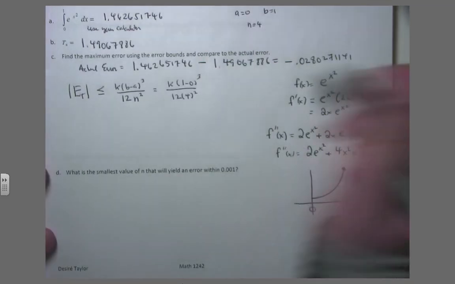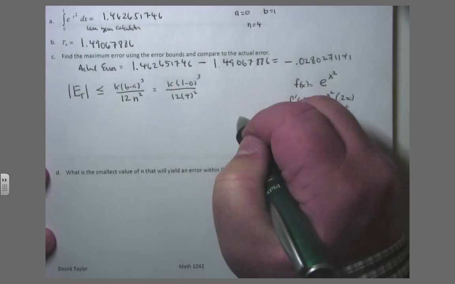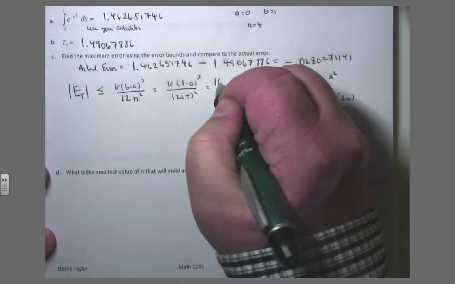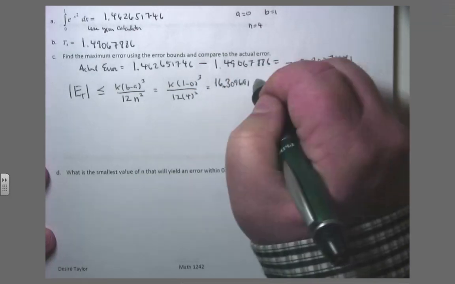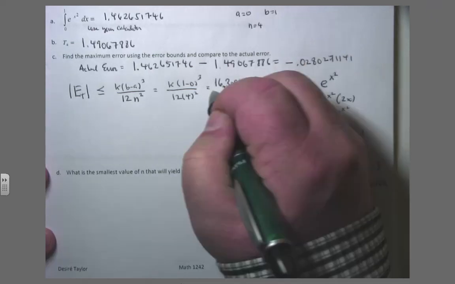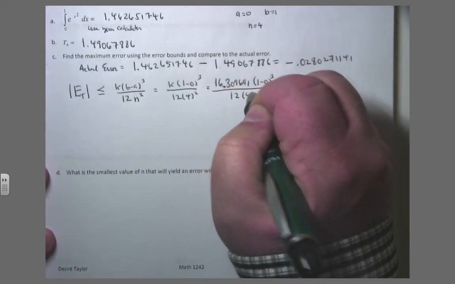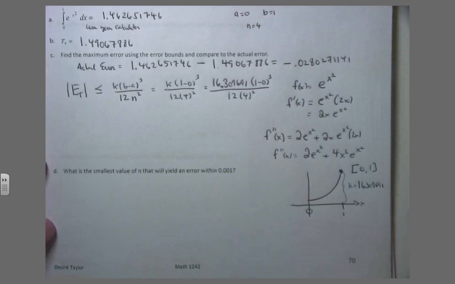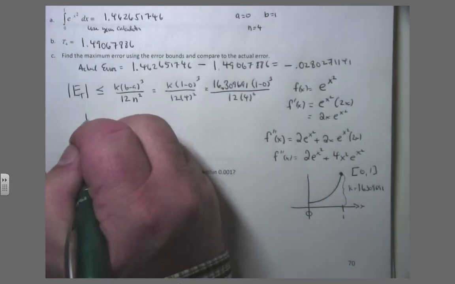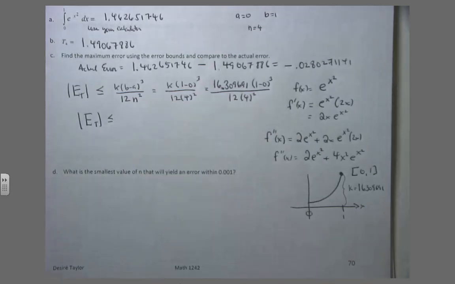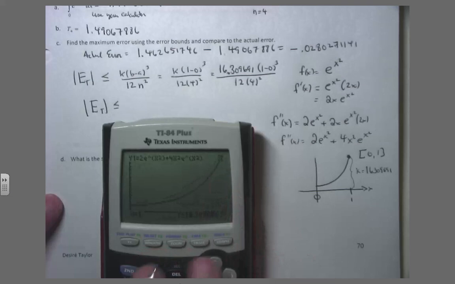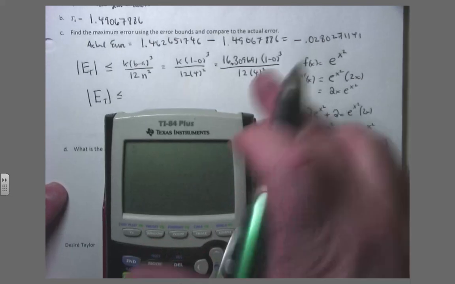So K being equal to 16.309691 times 1 minus 0 cubed over 12 times 4 squared. I'm going to put that on my calculator and calculate the error bound for the trapezoidal rule. So second quit, clear it out, plugging this on the old calculator here.